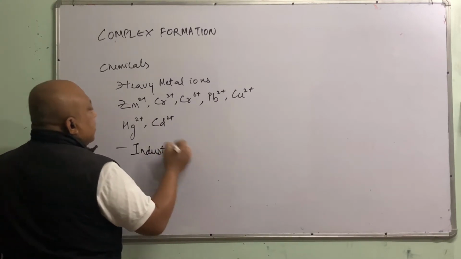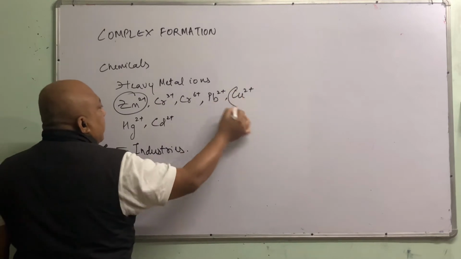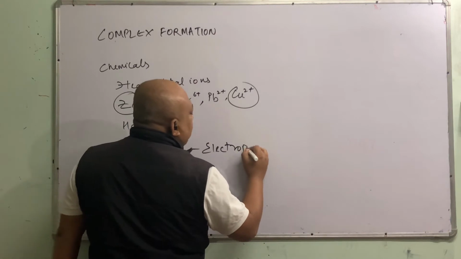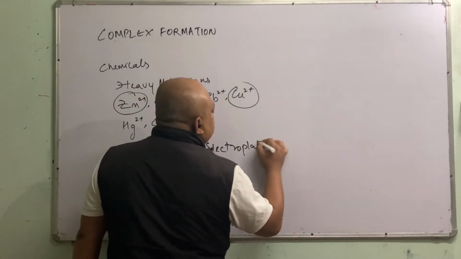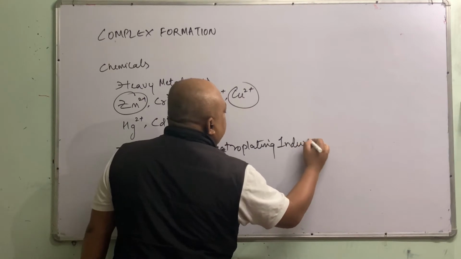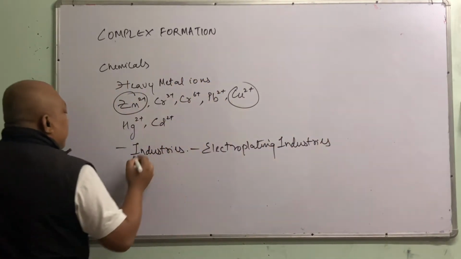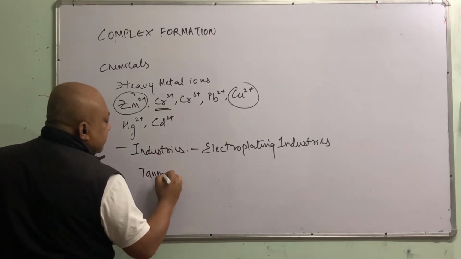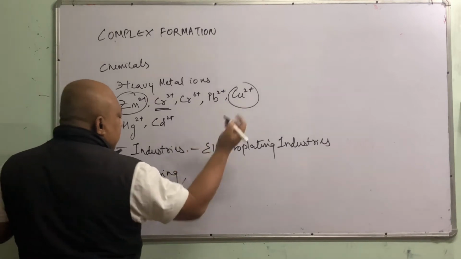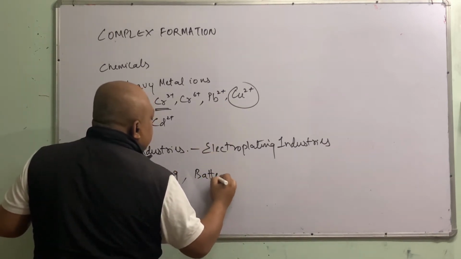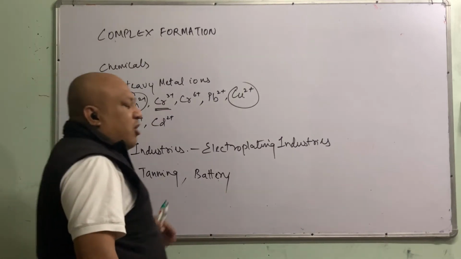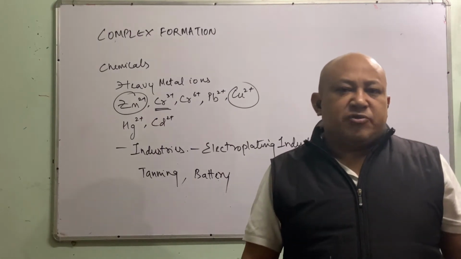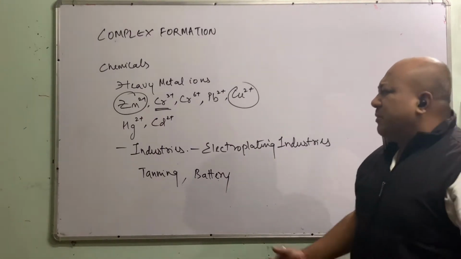Say, for example, zinc, copper, you'll get it from electroplating industries, and chromium you will get it from leather tanning industries, lead, it's all battery. So a lot of industry gives out a lot of heavy metal ions and it pollutes the environment and it increases the toxicity of the groundwater and many issues.